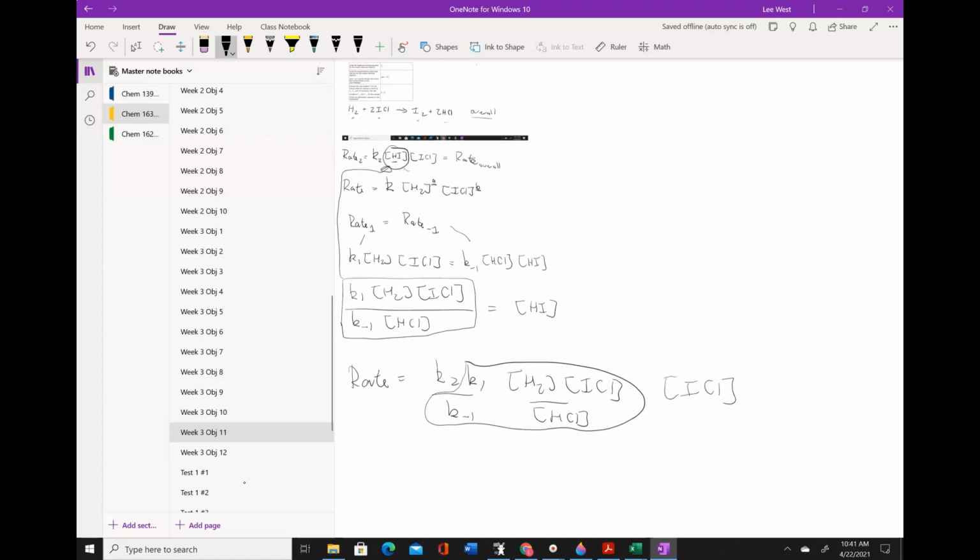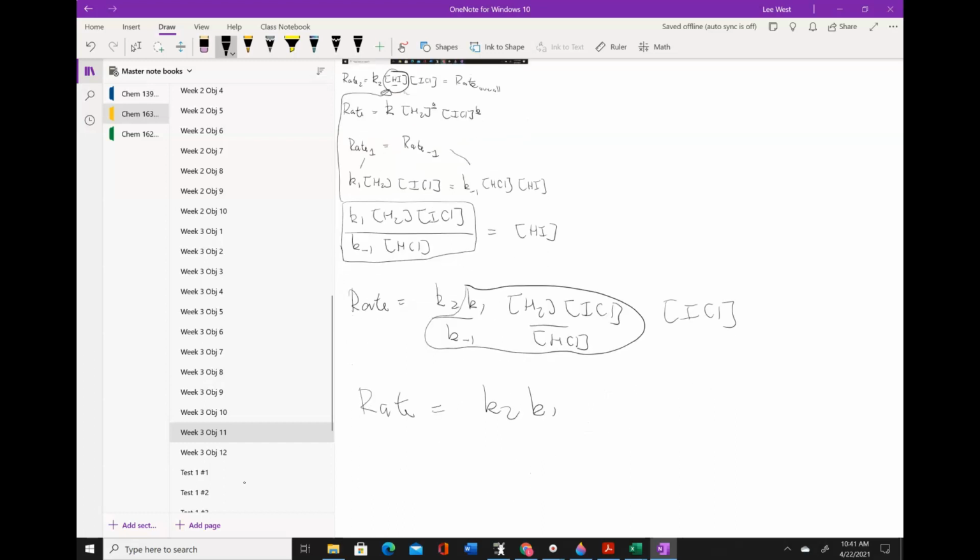So you put all of that together, and you've got k2 k1 on k-1, and then we've got the concentration of H2 to the power of 1, the concentration of ICl to the power of 2, and then I'm going to write the concentration of HCl to the power of -1.